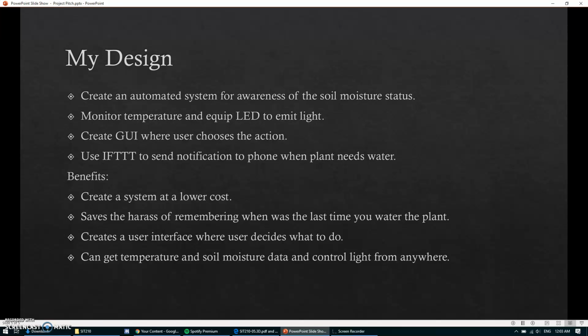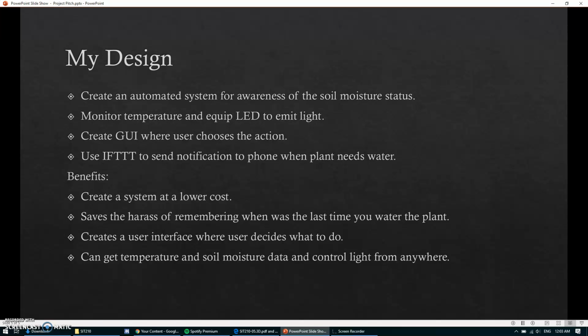However, to solve these problems, I will create an automated system that will be able to keep track of the temperature and soil status. It will also have an LED equipped to emit light, along with a GUI where the user can choose between actions and will be able to do it through the internet.